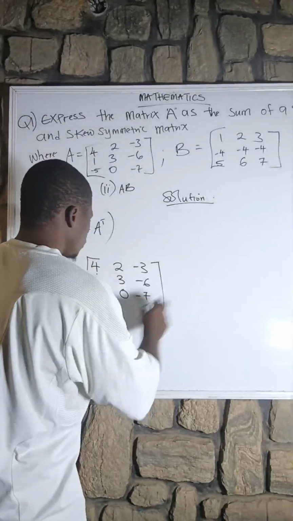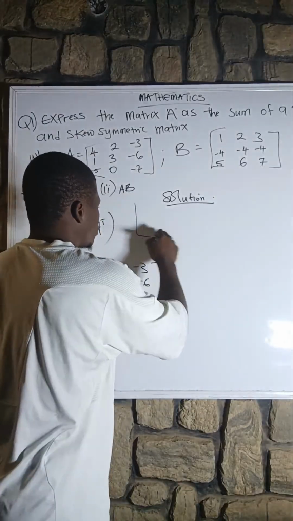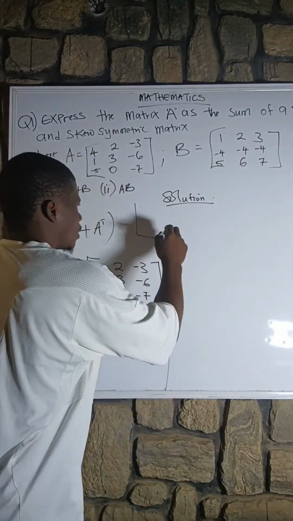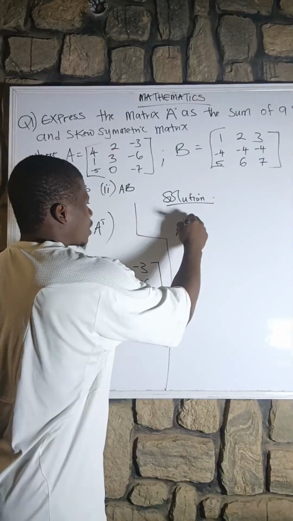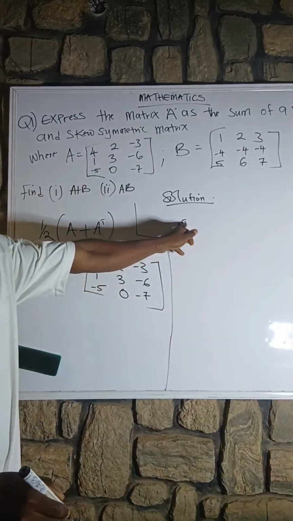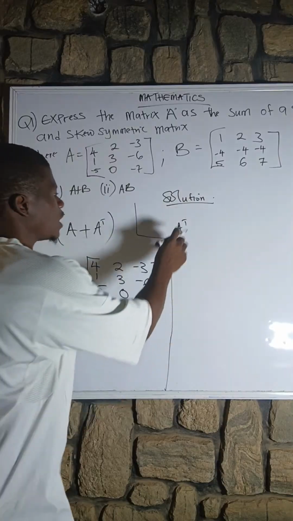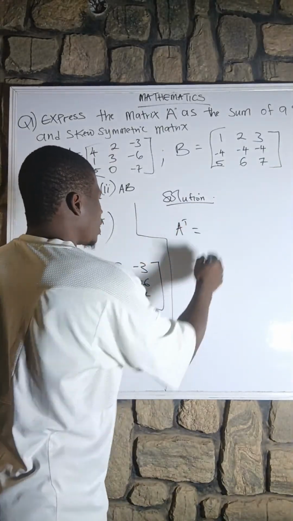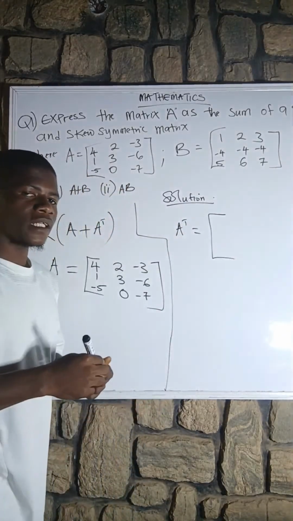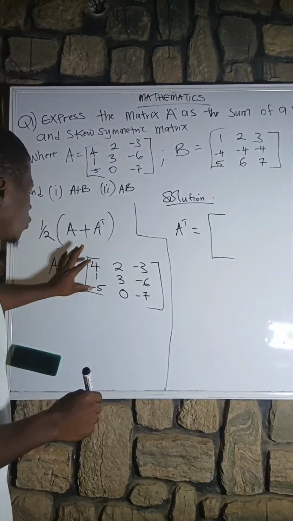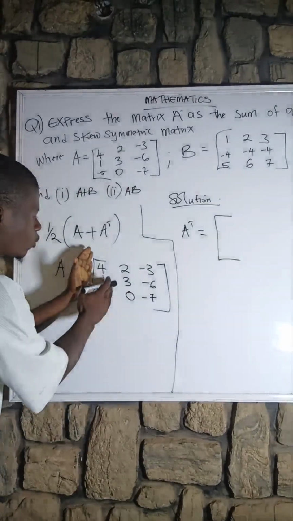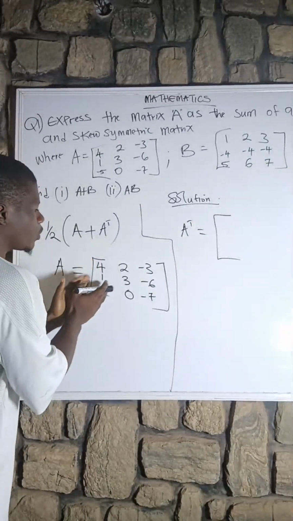It can be written as A to the power of T. This is how it is written. So A transpose is, like I stated earlier, changing the rows to become the columns, and the columns to become the rows.